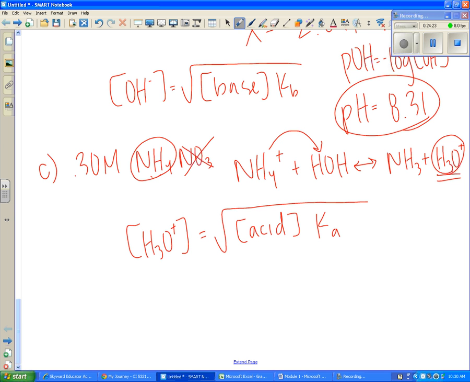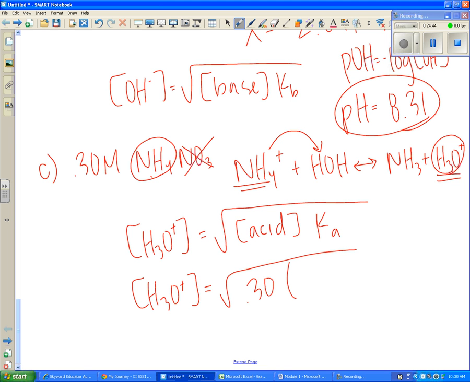What is the concentration of the acid? The acid is the ammonium ion, 0.30 molar, because this breaks up in a 1-to-1 ratio. So the hydronium ion concentration is equal to the square root of 0.30 molar times Ka.